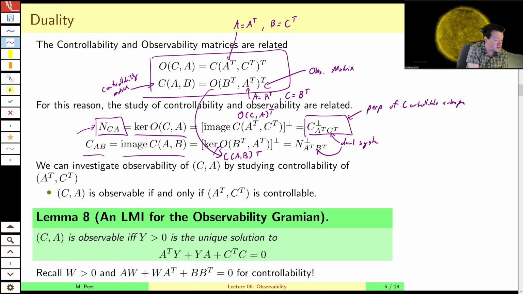So we can use these relationships to straightforwardly show that a system is observable if and only if its dual is controllable.